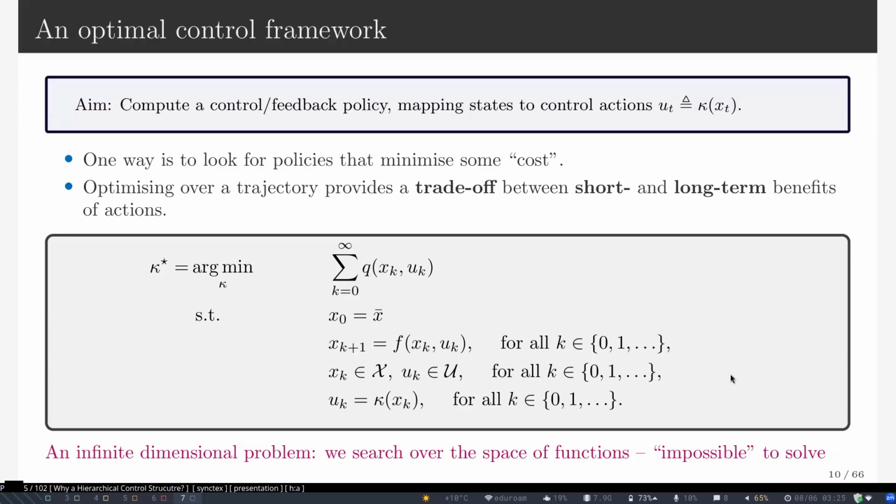There are a bunch of constraints that the states have to live in and the control has to live in. And then what we really want is that state feedback structure: given the state that we are in, we want the input that we generate to be a function of that state. But you're after a mapping. And really the problem here, you're looking for that particular mapping.